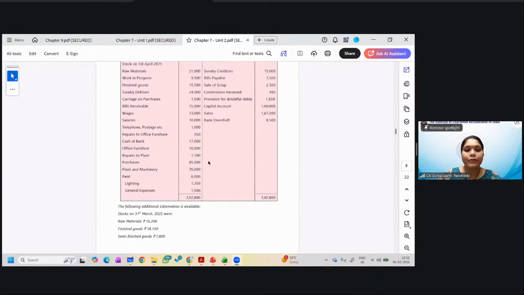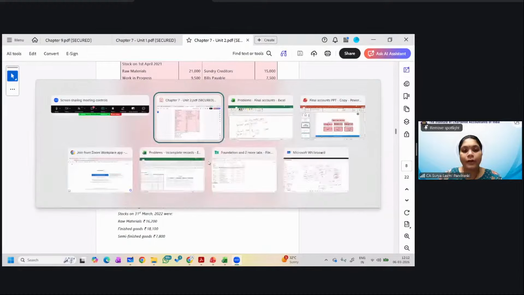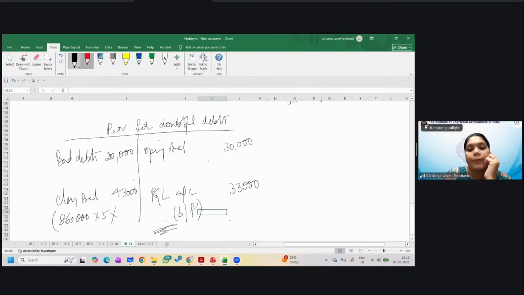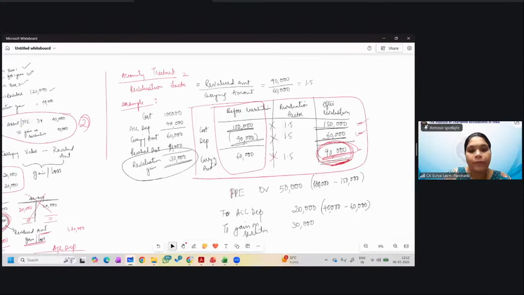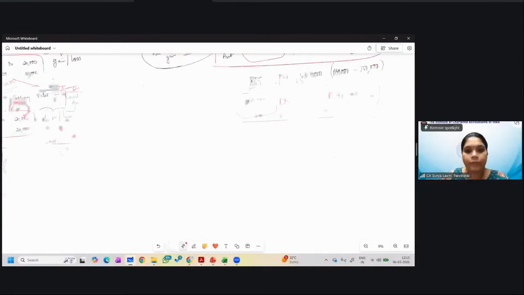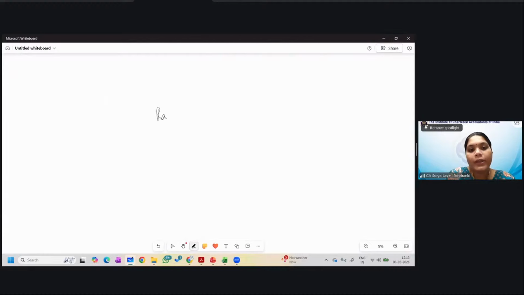So mostly the difference, when you look at the manufacturing account and other accounts, is that in manufacturing accounts you'll have raw materials involved, you'll have labor cost involved, and you will also have WIP.